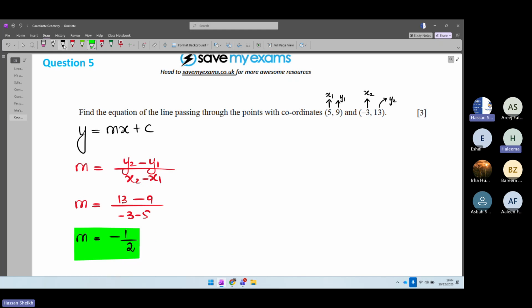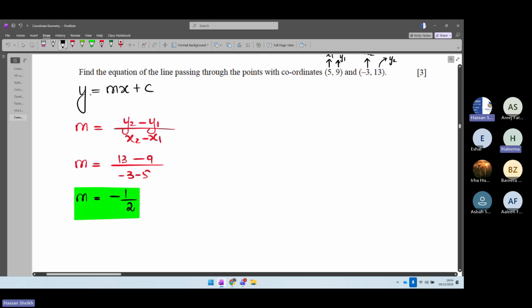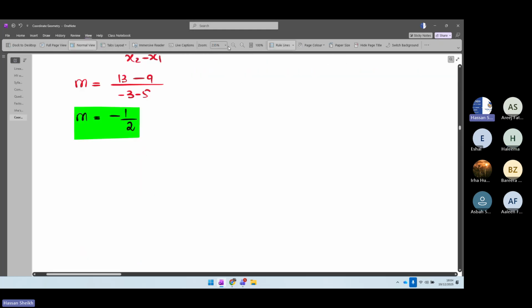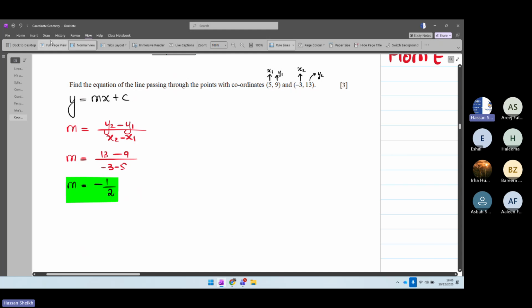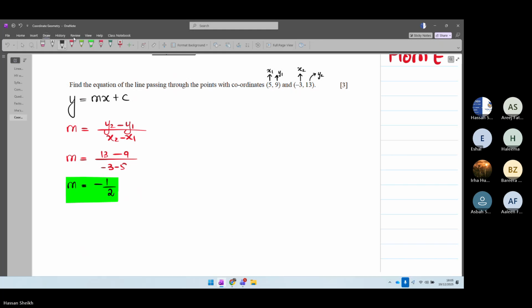Y-intercept. Now I'll show you how we'll find the y-intercept. Please focus. To find the y-intercept, we use the same equation y equals mx plus c. Yes, very same equation.